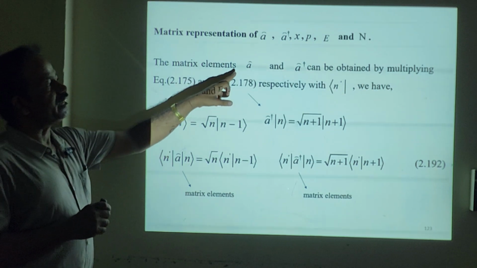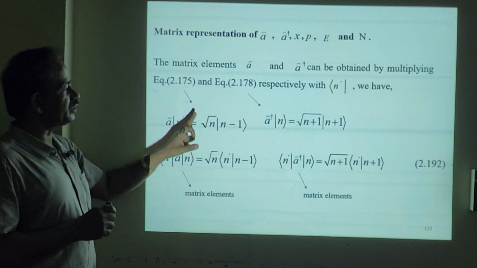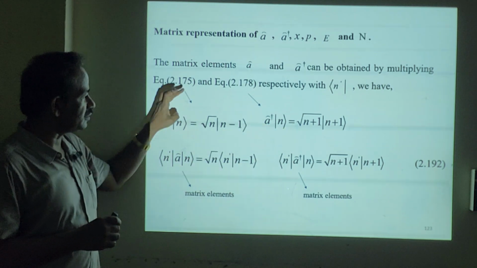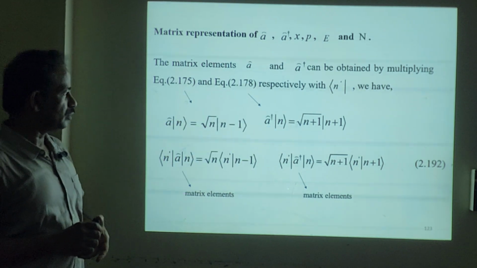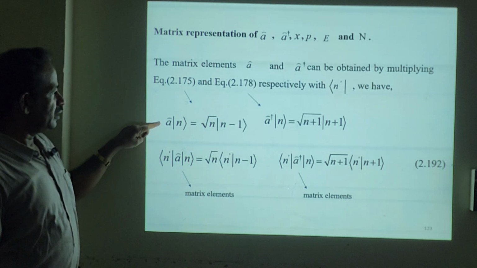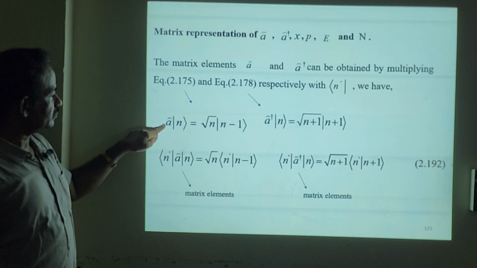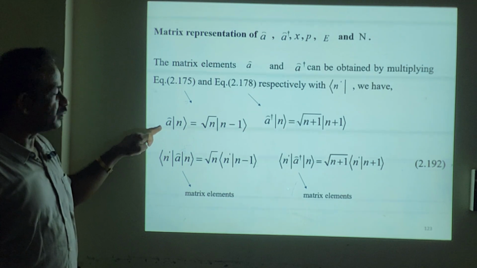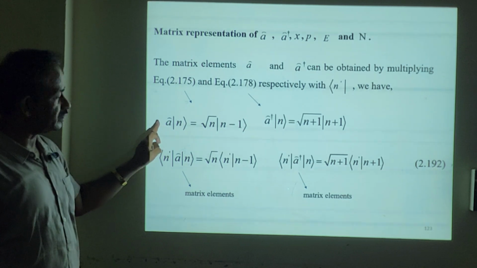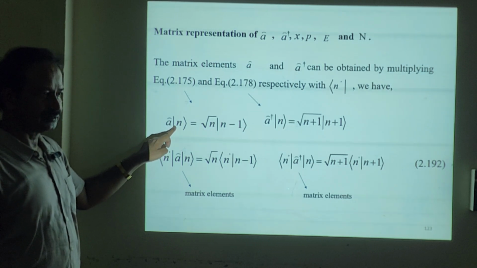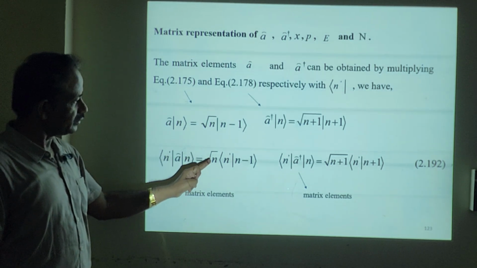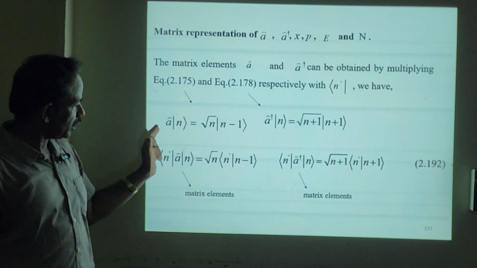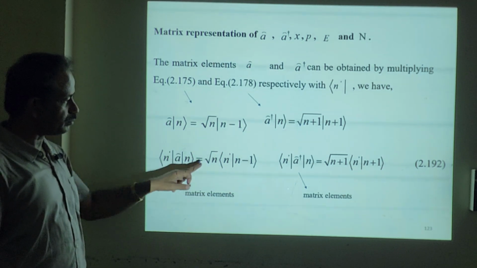The matrix element of A and A dagger can be obtained by multiplying equation. So just multiply, this is equation 2.175. And in this equation, if you put the bra on both sides, bra n, ket n, you will get root n, the same thing, with bra on both sides.